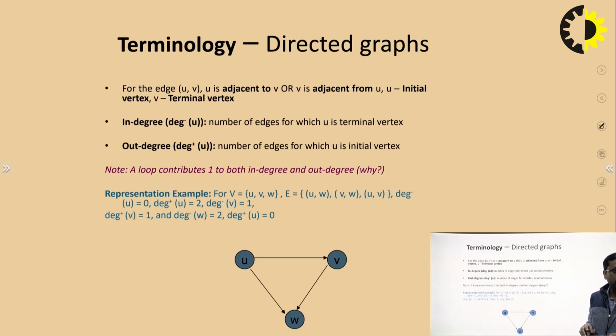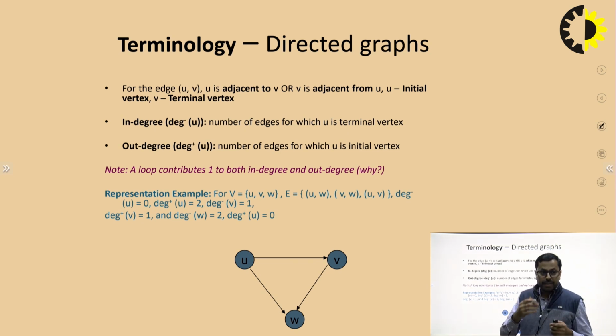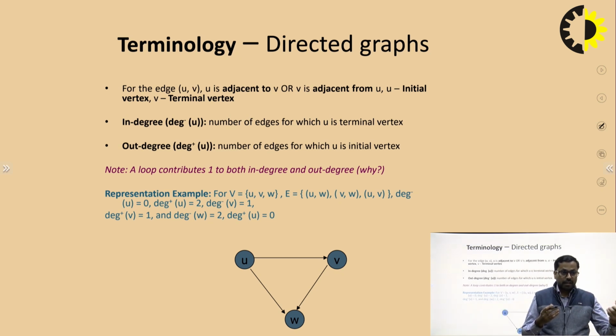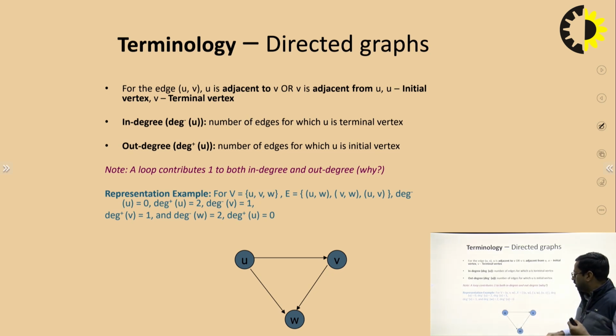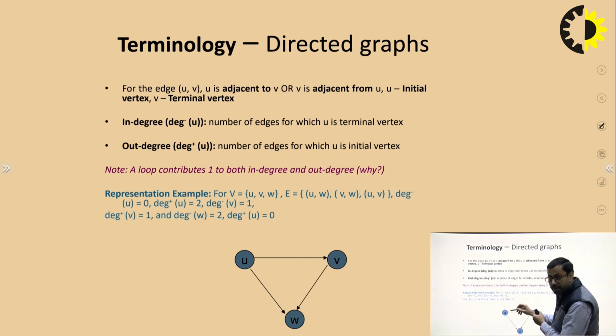The next one is: what are in-degree and out-degree? The in-degree can be understood as the number of edges that are directly connected into a particular node. If we check node u, it is connected with some other nodes, but the number of nodes that have direct, incoming connections to node u is 0.